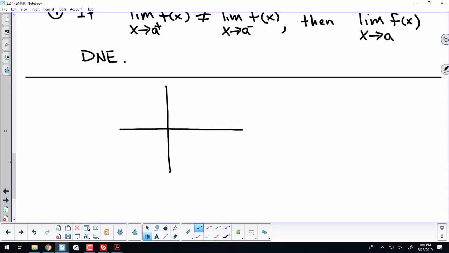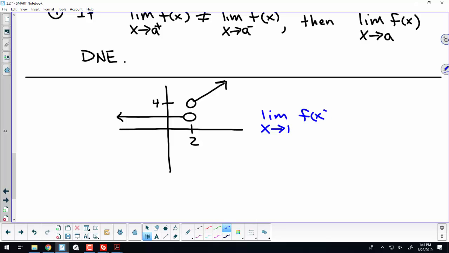We're looking at that same graph, and the question was, what is the limit as x approaches 1 on this function? Would there just be one answer? Yeah, it would be 3. Does anybody think anything different?